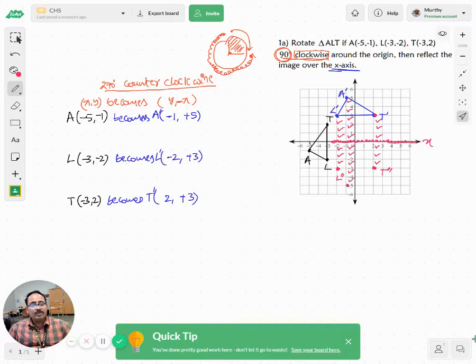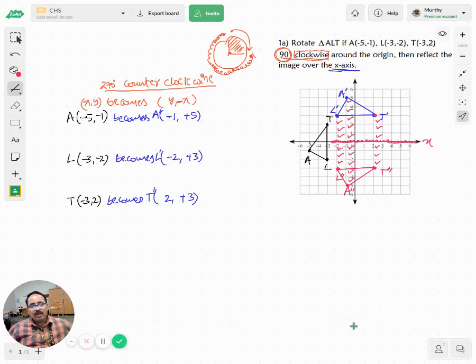So here is going to be A double prime. Now take a straight edge and join the double prime points. So here, multiple transformations means the first one is a 270 degrees counterclockwise rotation, and the second one is the reflection over the x-axis.